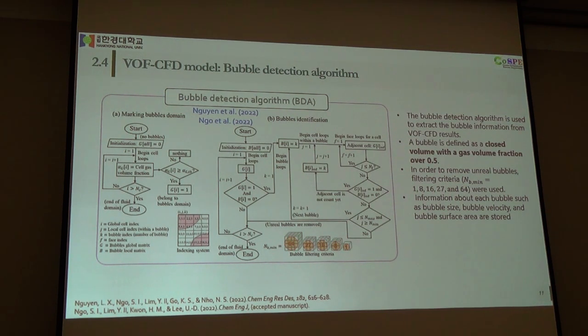If two bubbles are close together but their volumes do not attach, we decide it's two bubbles. In order to remove unreal bubbles, we use several filtering criteria, and then we test the dependency of the reactor performance on the filtering criteria.